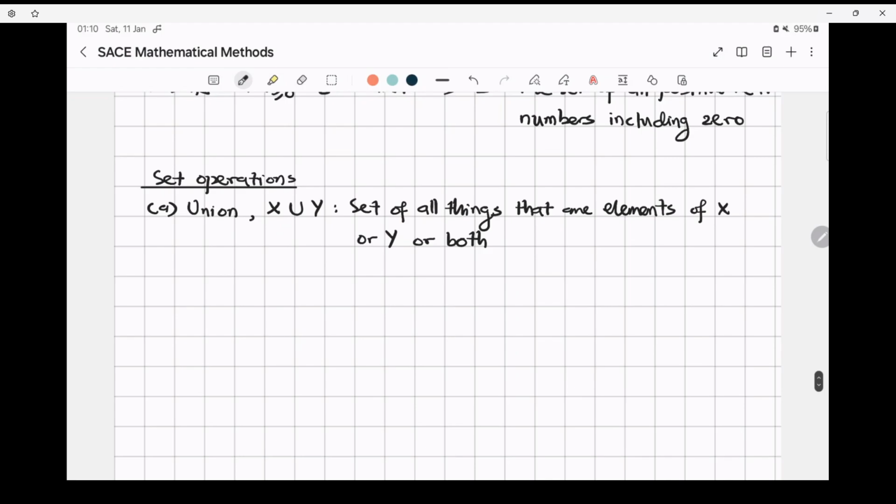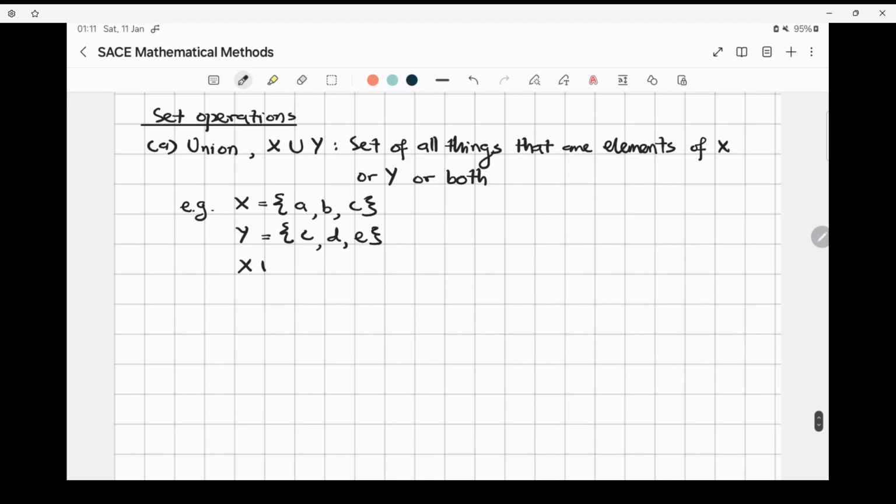One example would be, let's say your x is defined to be having the elements a, b, and c, and your y is defined to have the elements c, d, and e.